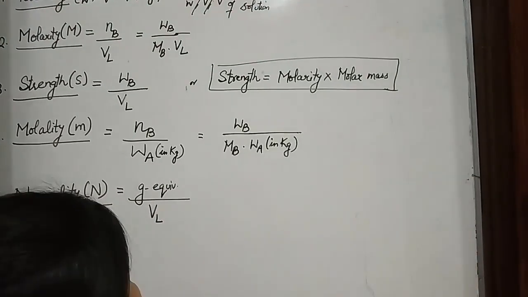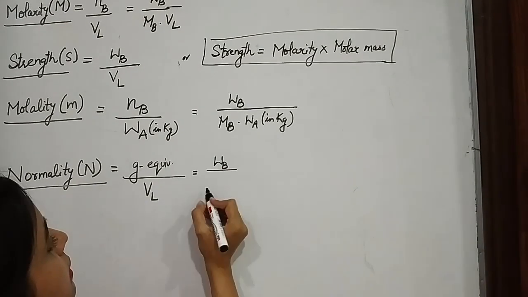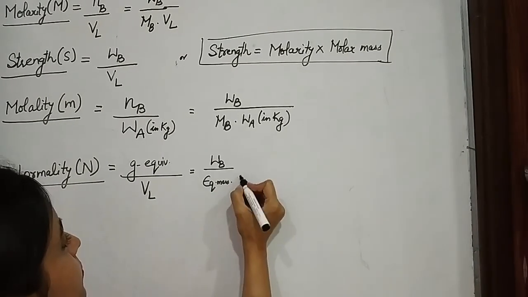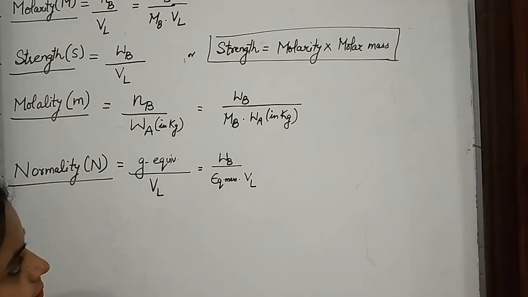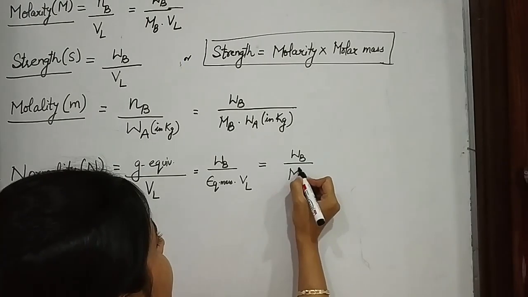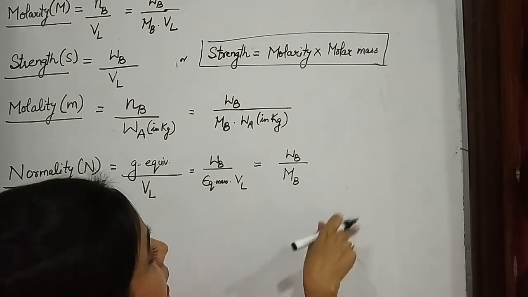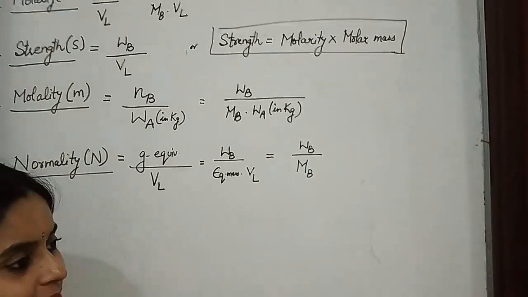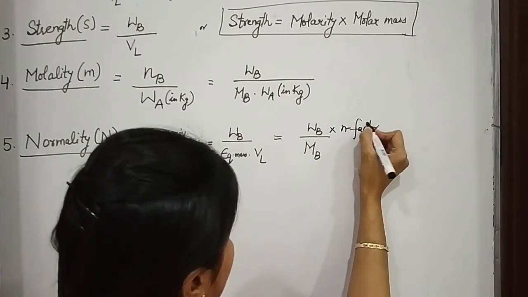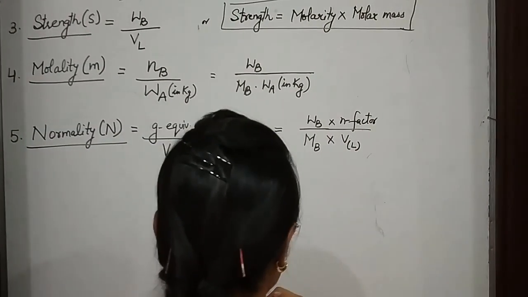And I told you that number of gram equivalent is equal to mass of solute upon equivalent mass into volume in liters, and equivalent mass is equal to molecular mass of solute upon either acidity or basicity, which is generally written as N factor, upon volume in liter.